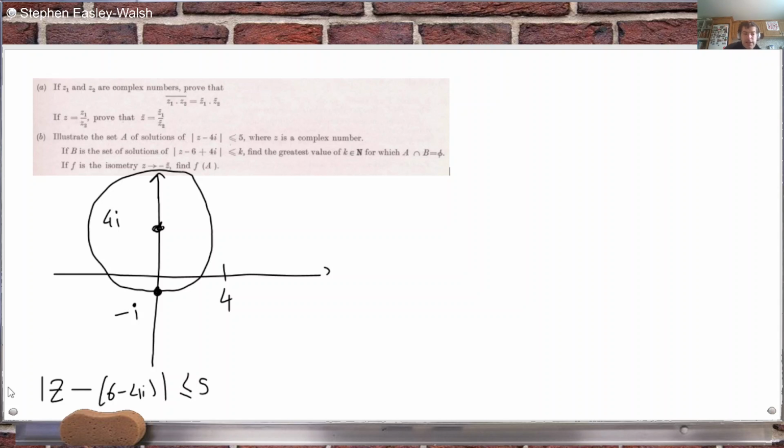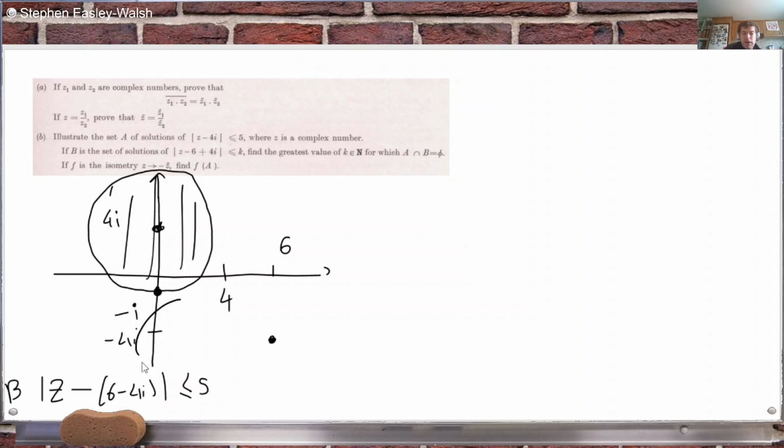So that's set B. So at 6 minus 4i, you have another circle. Now, because that's a 6, and that's a minus 4i, and the radius is less than or equal to 5.